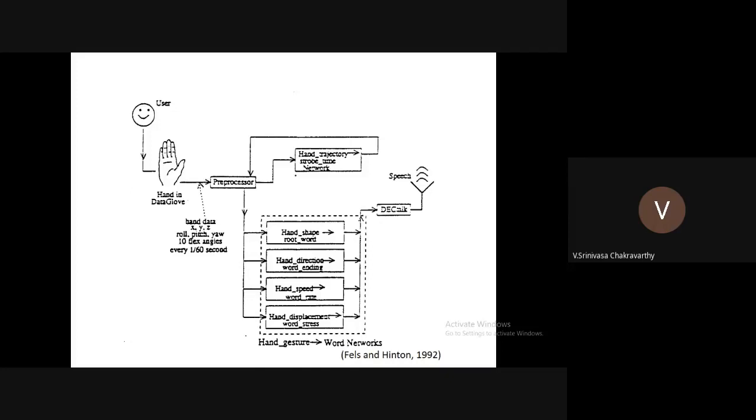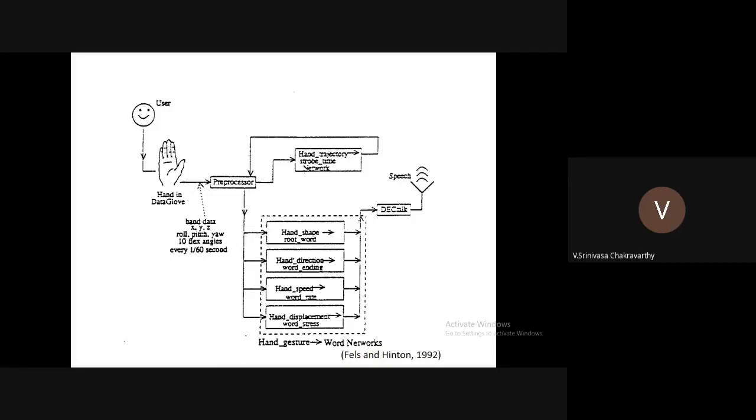So you need to segment your gestures into separate words, and that is done by this strobe time network. Then the information is passed into separate networks, because the word in this problem is broken up into two parts: the root word and the word ending. So you need to process them separately.